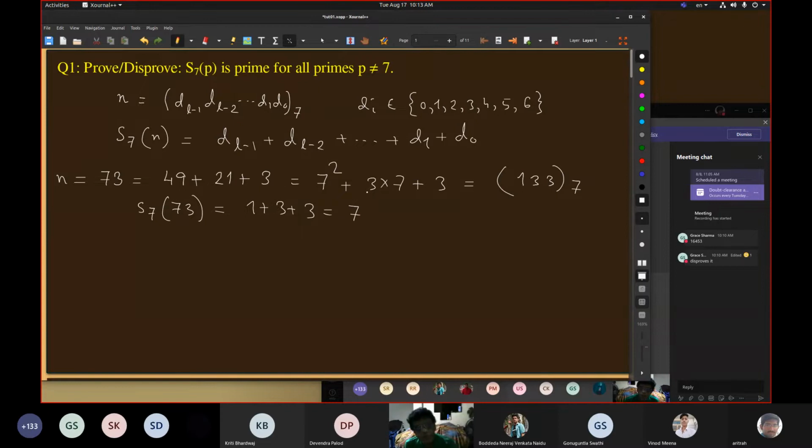So this apparently raises a doubt whether, if I plug in any prime p here, S7(p) turns out to be prime. The answer is that this is actually a false statement.